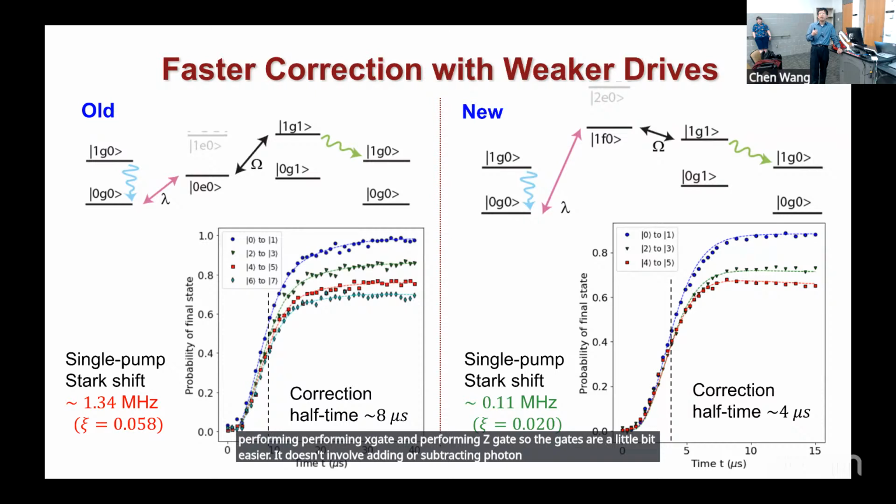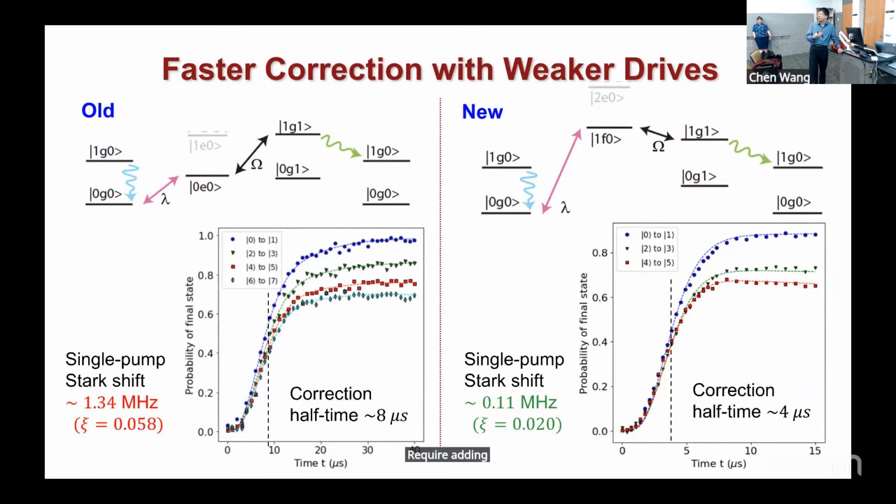The X gate will require adding pairs of photons and extracting pairs of photons in this code. So the gates by themselves are not that easy to do. You can do it with maybe close to 2 nines of fidelity, but it's not as good as transmon yet.